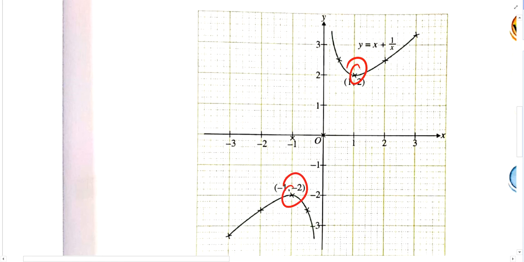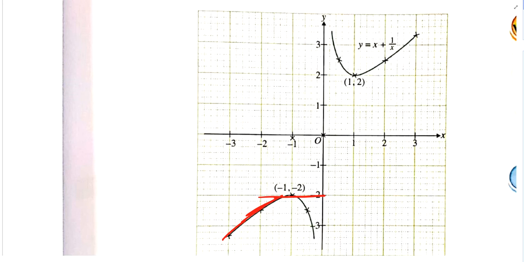Did I ever tell you what turning point means? Why do we call them turning point? It changes direction. Let's start from left to right. What is the gradient over here? Positive or negative? Positive. Then when it comes to this point over here, what is the gradient? 0, right?